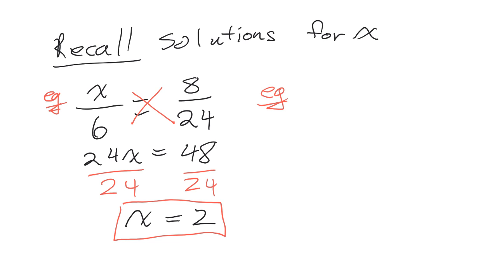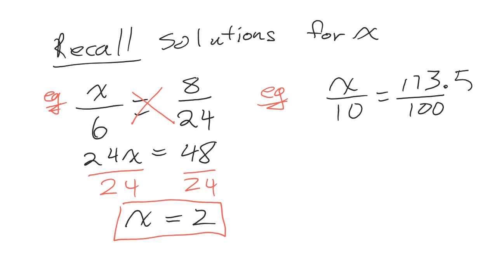Suppose that we have another problem here where we have something like this, and I ask you to round it to 1 decimal place. So we have 113.5 over 100.